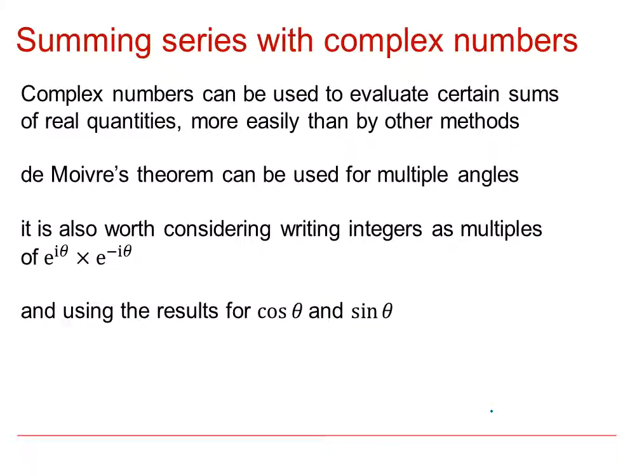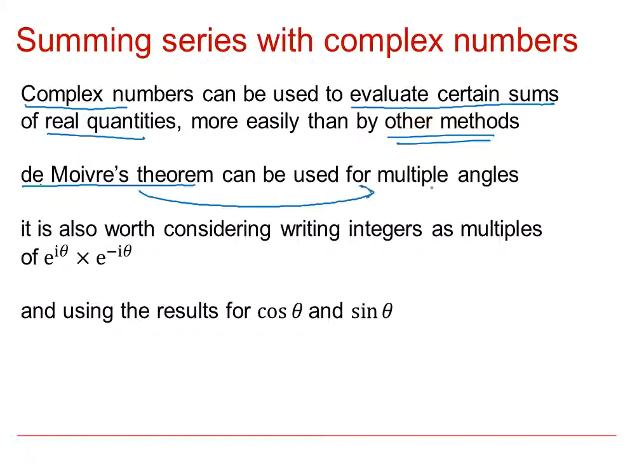So just looking at some of the key points here, you can now use complex numbers to evaluate certain summations of real quantities. And you can use that more easily perhaps than other methods. De Moivre's theorem is a great way of simplifying problems, and it can be used to represent multiple angles.